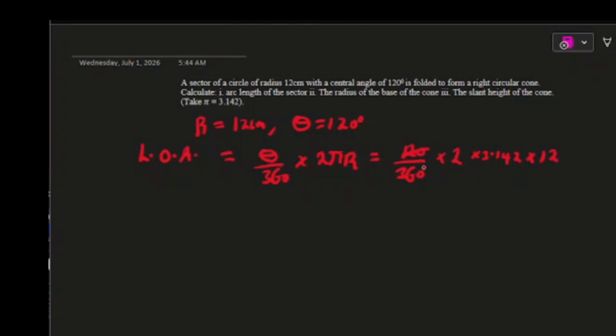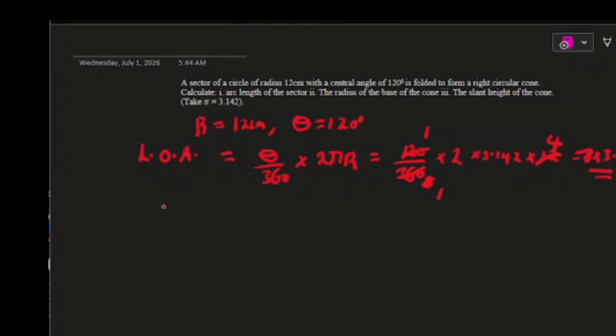Here 1, 3, here 1, here 4. So we have 8 multiplied by 3.142. Please, you can use your calculator to get the final value for that.